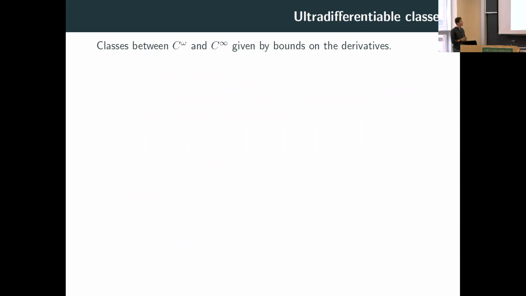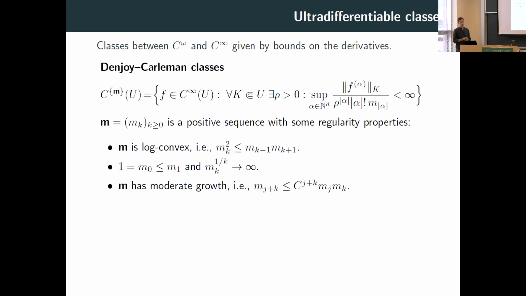These are the ultra-differentiable classes, which are classes which sit between the real analytic class and the C infinity class, and they are given by bounds on the derivatives. So I will focus on the simplest case. Suppose we have a positive sequence M, which determines the growth of the derivative.